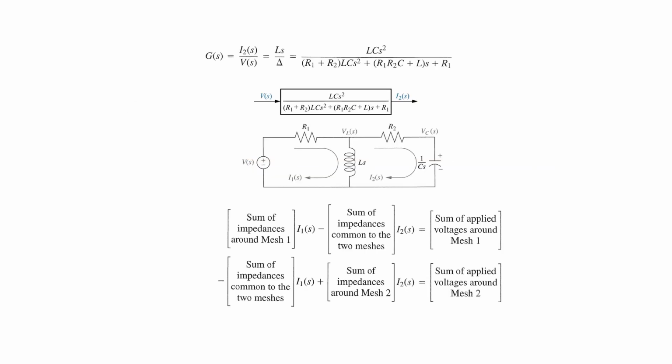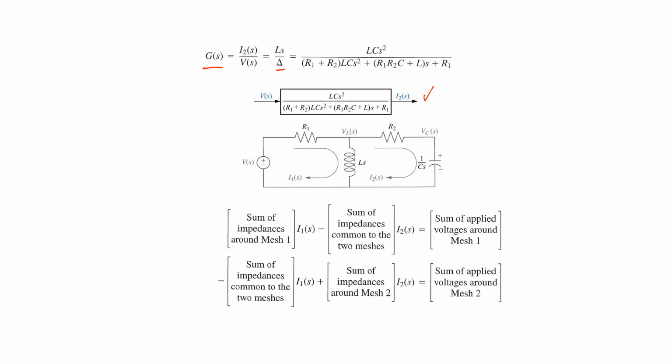So after finding the determinant delta, we are left with the following transfer function given here. And now we can write this transfer function in the block diagram form, where the I2 of s is the output and V of s is the input to the system.